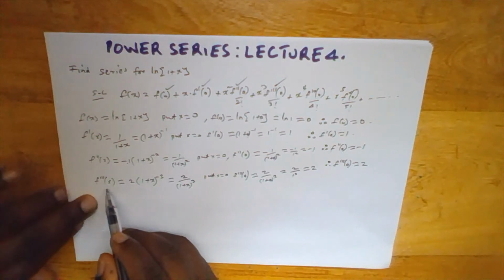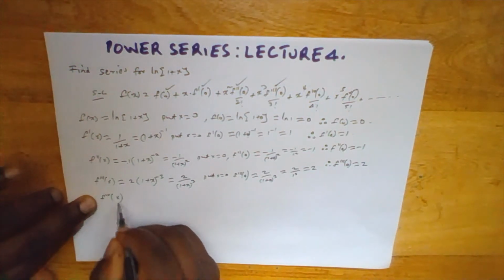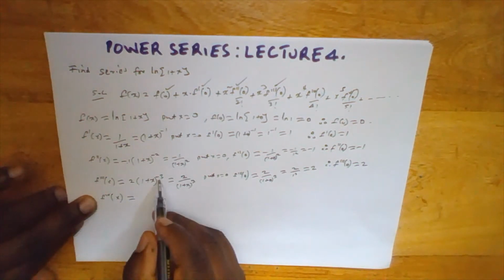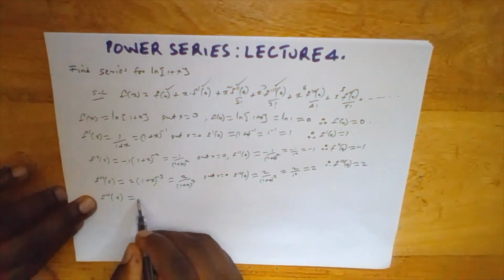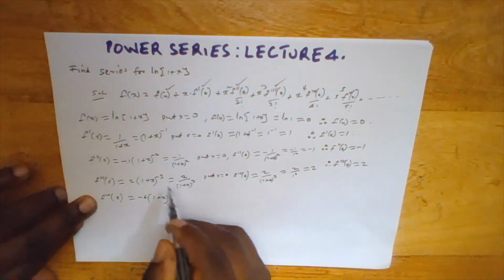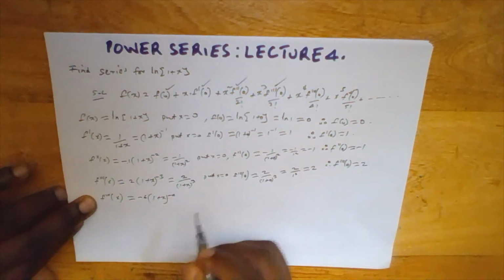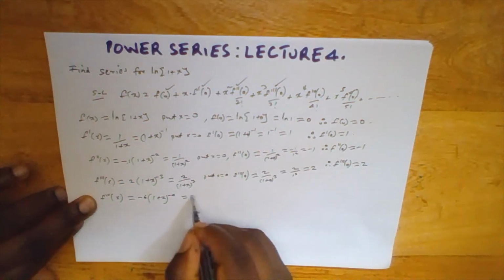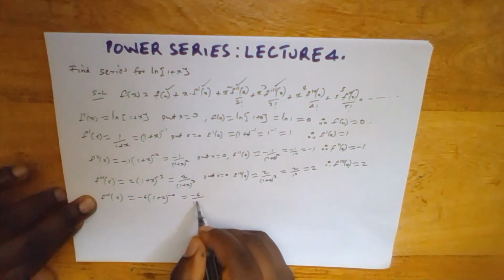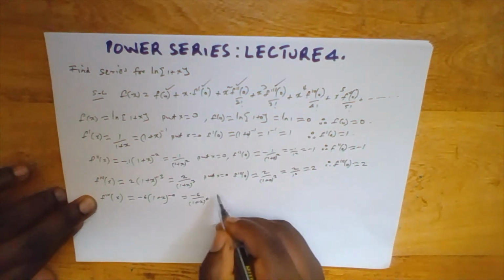So we differentiate this equation again, we get f raised to 4 of x equals, you take negative 3 times 2, you have negative 6 into 1 plus x raised to, now negative 3 minus 1, you have minus 4. This is the same as negative 6 all over 1 plus x raised to 4.